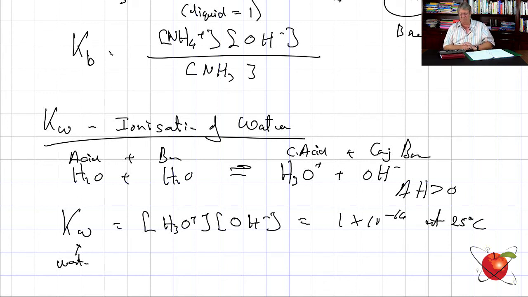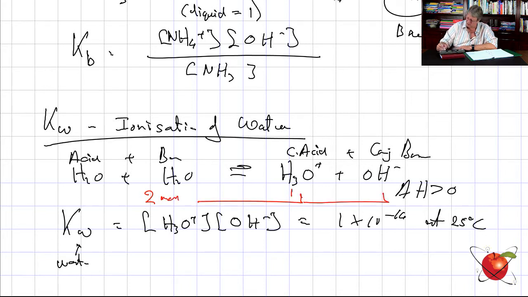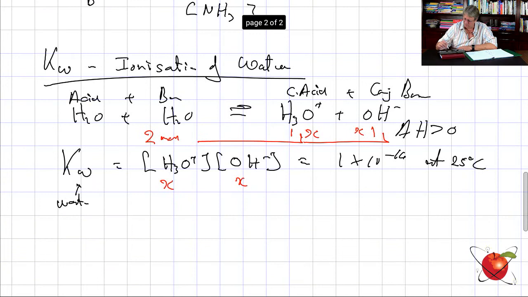We have done this in the previous section, therefore we're just recapping it currently. We thus have now dissociation constants Ka, Kb, and Kw. Please note over here that 2 moles goes to 1 and 1. This and this are the same. Therefore, in any situation, you can work out x squared must be equal to that.